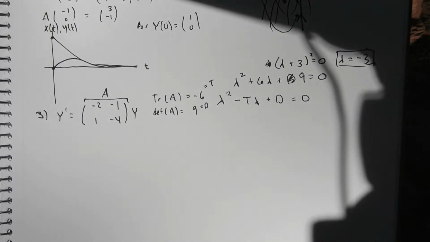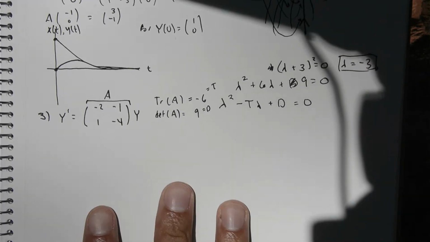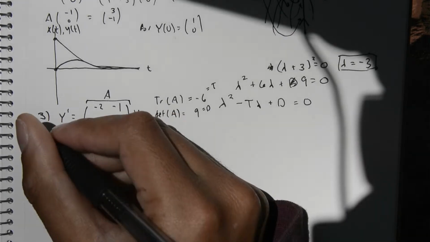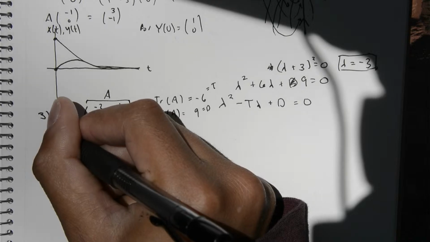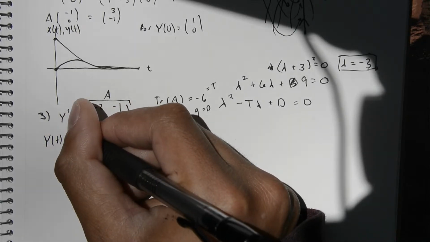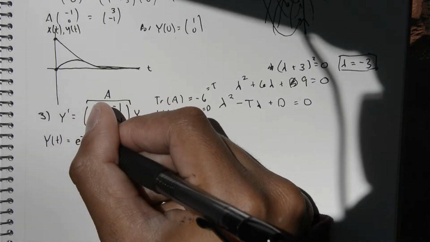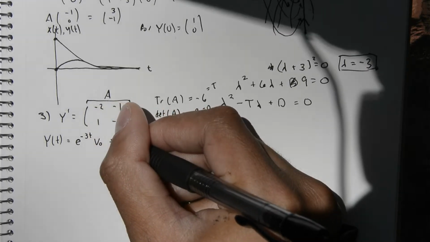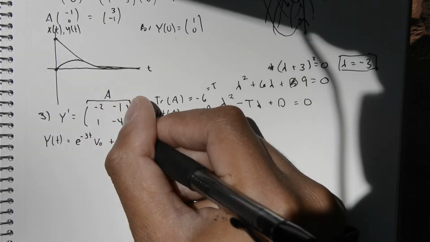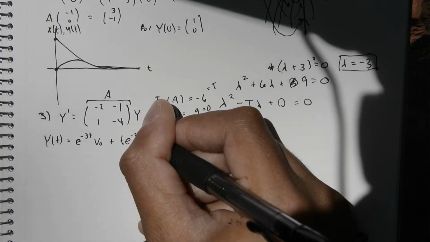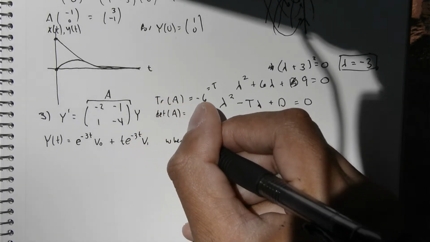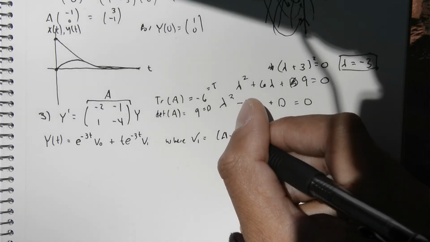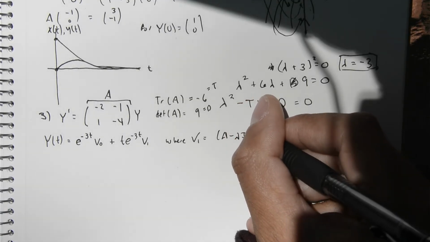Okay, I'm back. So we found the eigenvalue, and there's only one. So now what we know is that y of t is going to be equal to e to the minus 3t times v0, which is our initial condition, plus te to the minus 3t times v1, where v1 is going to be equal to A minus lambda I times v0.